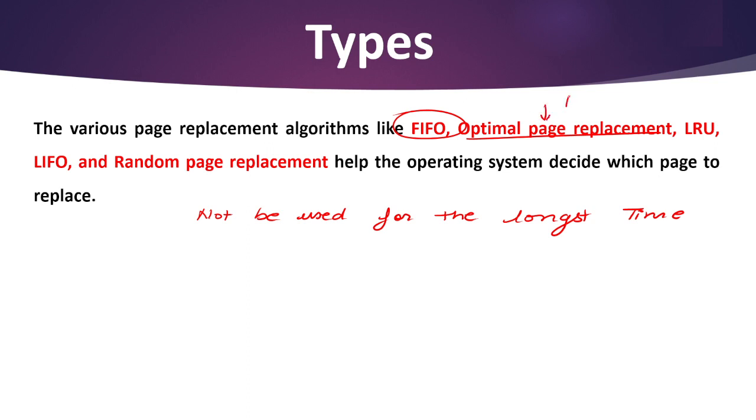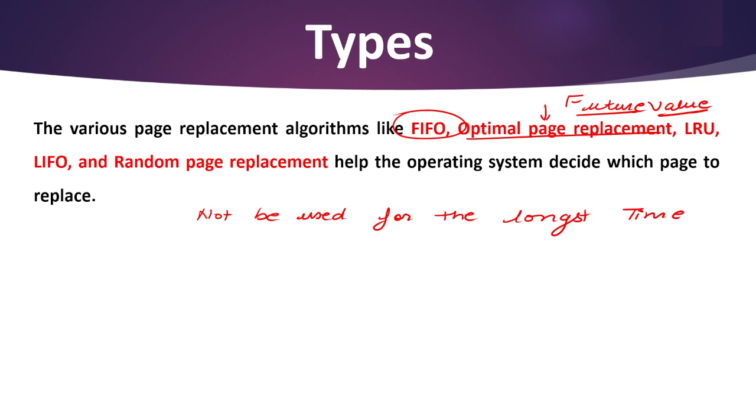Remember one point, whenever we talk about the optimal page replacement algorithm, we are talking about future values. The value we will not use for a long time ahead is the one we replace in optimal page replacement.